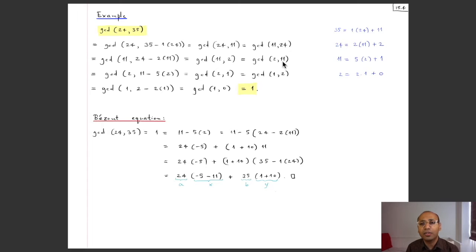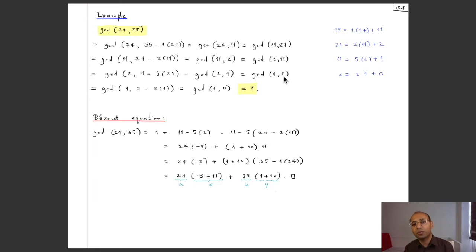And then I continue the process, so I'll divide this 11 by 2, and in the process I get this quotient 5 and remainder 1. And then to this 11 I will add minus 5 times this 2, so the GCD does not change, and 11 minus 5 times 2 is just this 1, so you have got the GCD of 1 and 2.